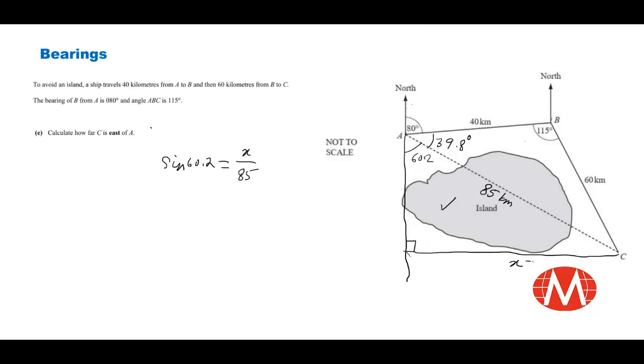If we round to 3 significant figures, it is 73.8 kilometers. So therefore C is 73.8 kilometers far from A, east of A.